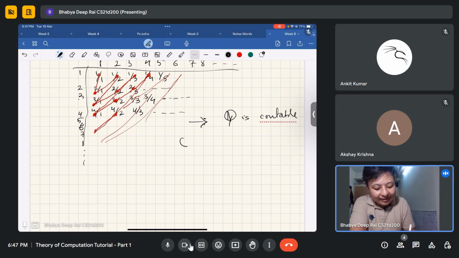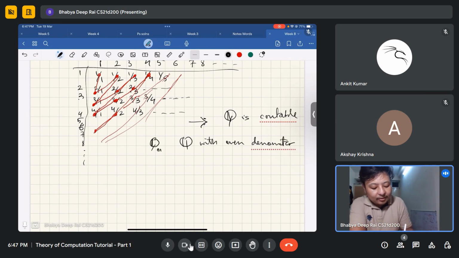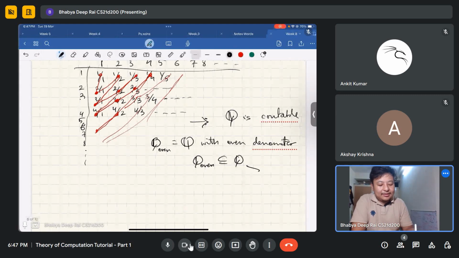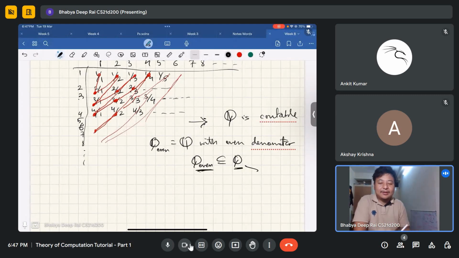The question is asking about rational numbers with even denominator. Let me call it Q even. This is just Q with even denominator. So obviously Q even is a subset of Q, right? I'll just pick out those elements which have even denominator.